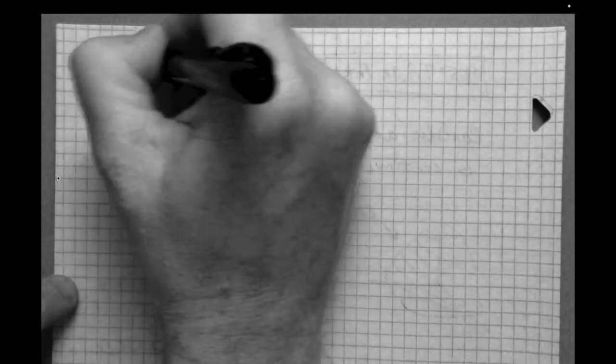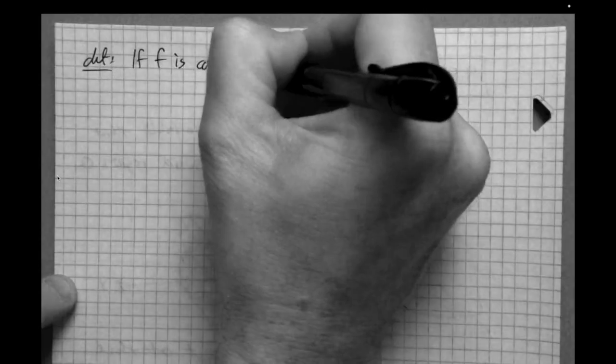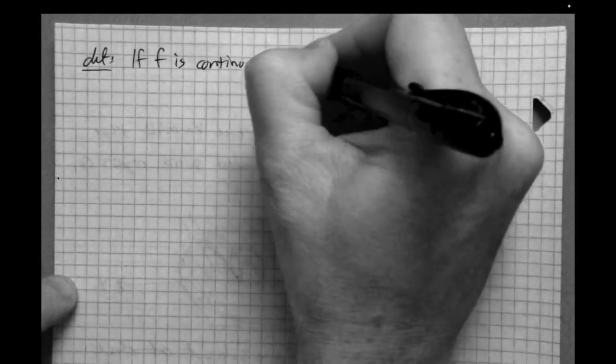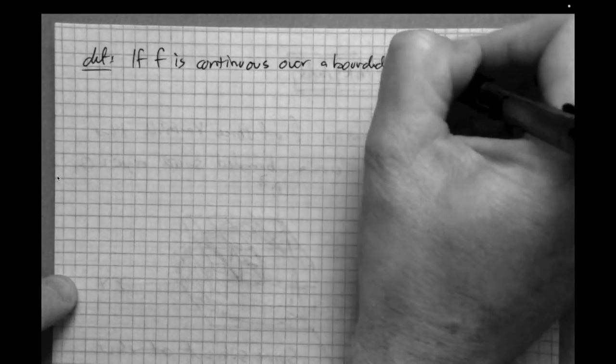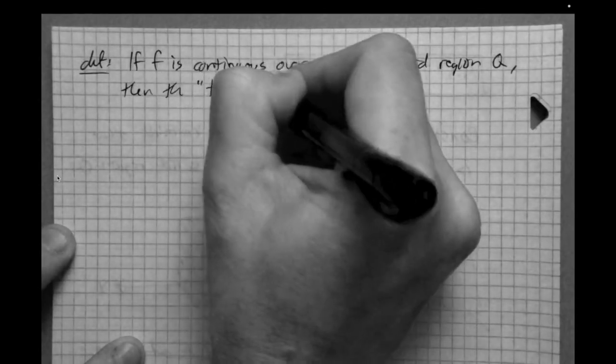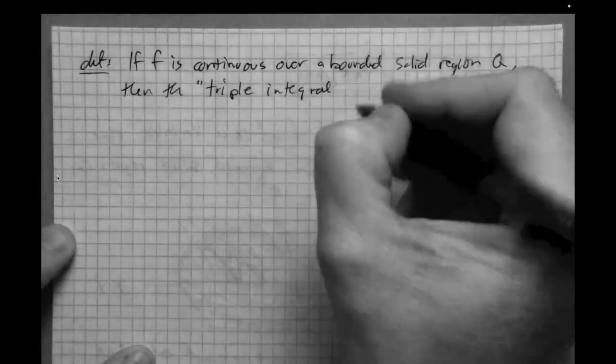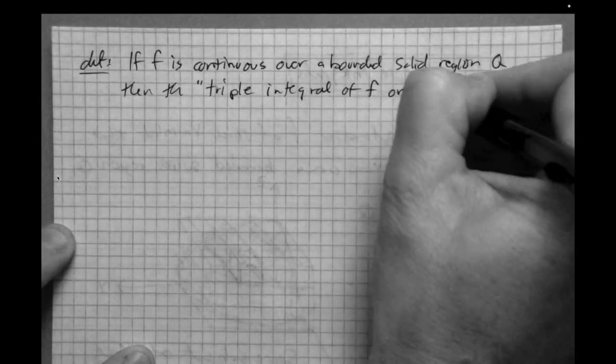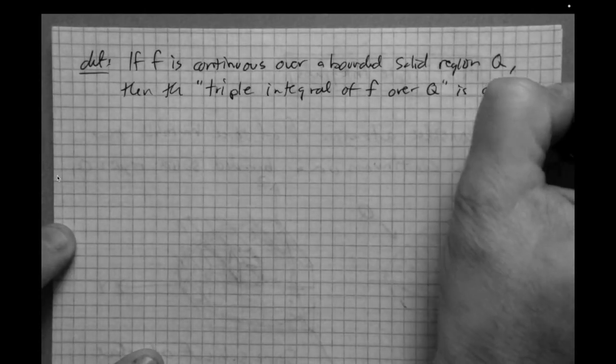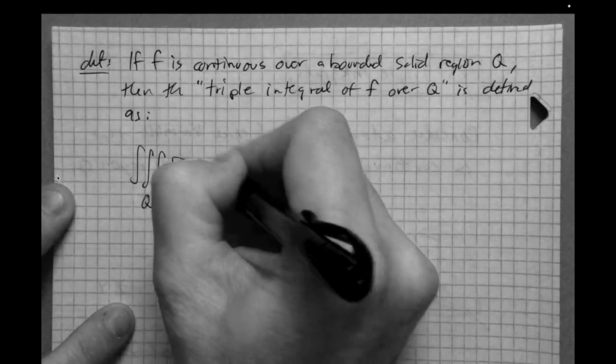Definition. If f is continuous over a bounded solid region Q, then the triple integral of f over Q is defined as, we just use this notation, three integrals, and f of x, y, z dv.